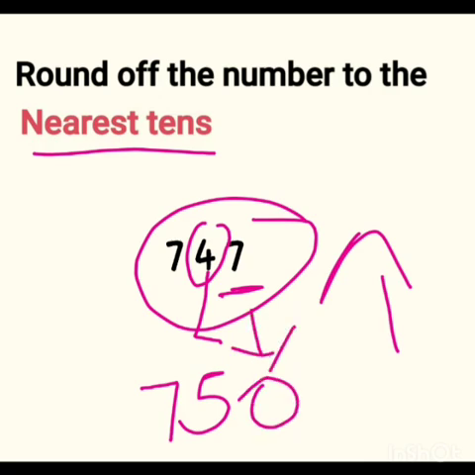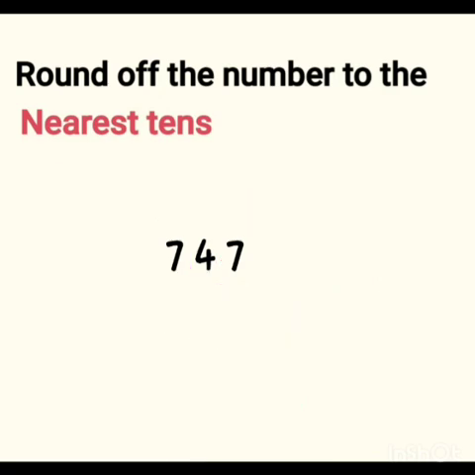So the next tens after 747 is 750. How did I get it? Because I have 4 here, I increase it by 1 and make it 5, to the right of 5 I write 0, and to the left of 5 I write whatever we have. So this is 747 rounded off to the nearest tens.